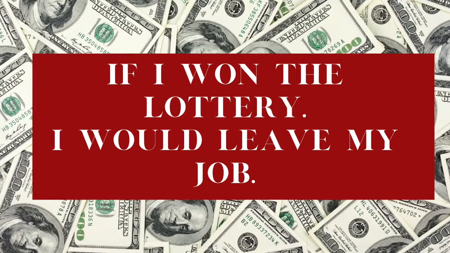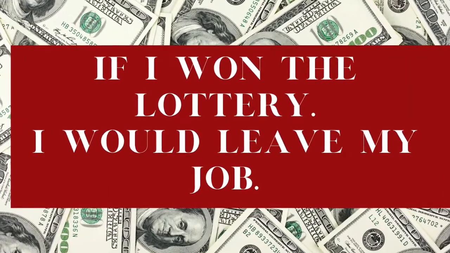Look at this sentence. If I won the lottery, I would leave my job. If I won the lottery is an unlikely event, and I would leave my job is the unlikely result. This example sentence is introduced with an if clause and uses a past simple verb. The second clause uses would or could plus the base form of the verb to express the result.